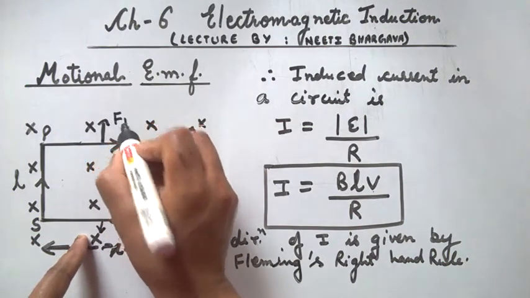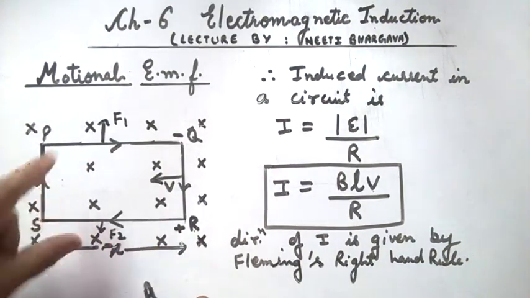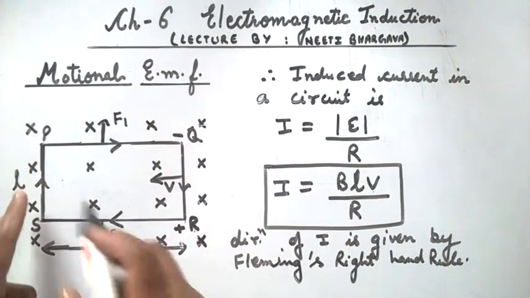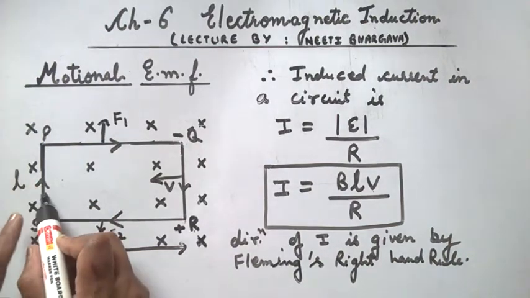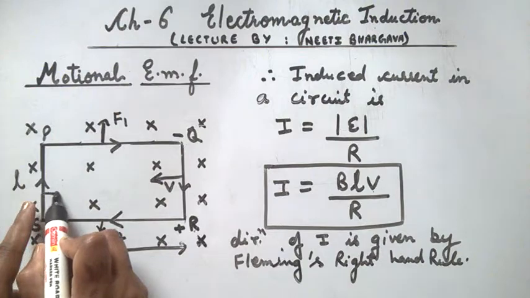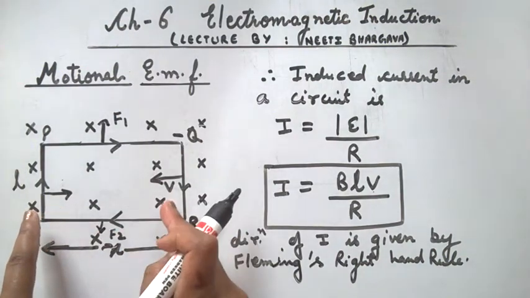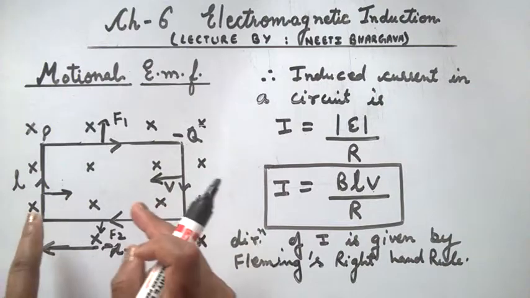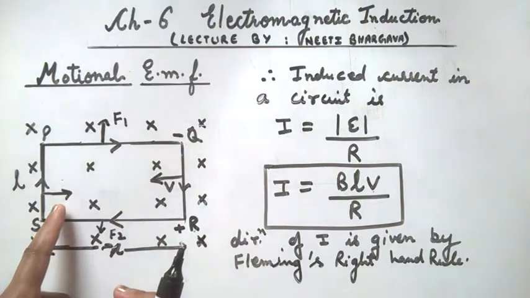Let it be F1 and F2. Here F1 and F2 will cancel out. In this arm, the force is acting in opposite direction to that of the velocity, the constant velocity which we are applying to move it against this magnetic force.